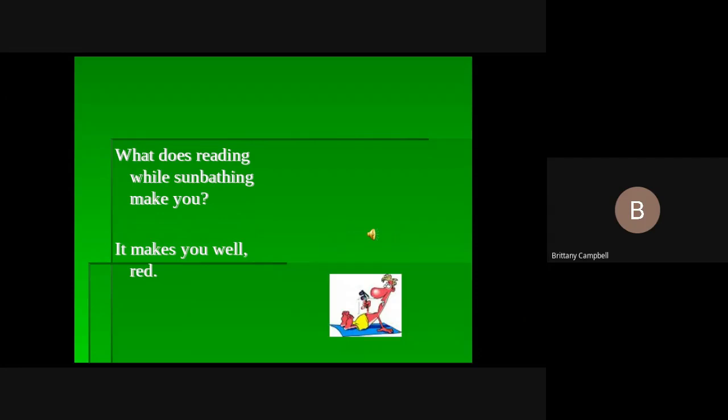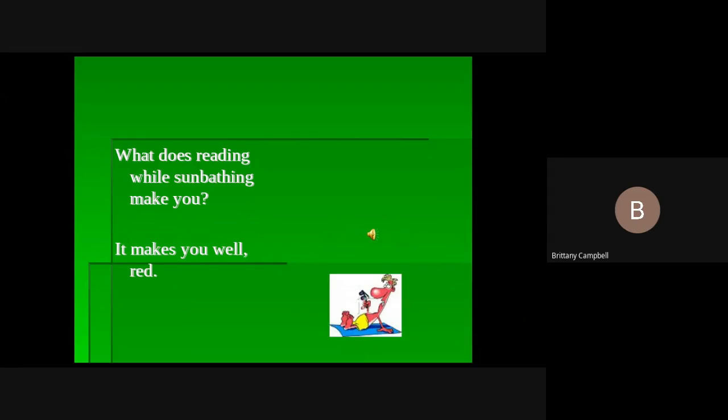One more to go. A mushroom walks into a bar, sits down, and orders a drink. The bartender says, "We don't serve mushrooms here." So you want me to read it again? Okay. A mushroom walks into a bar, sits down, and orders a drink.